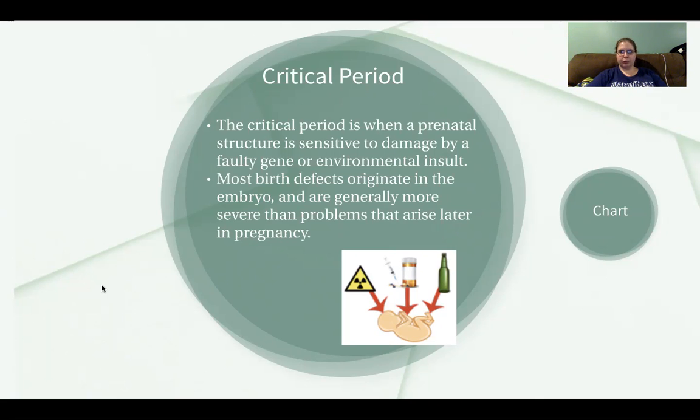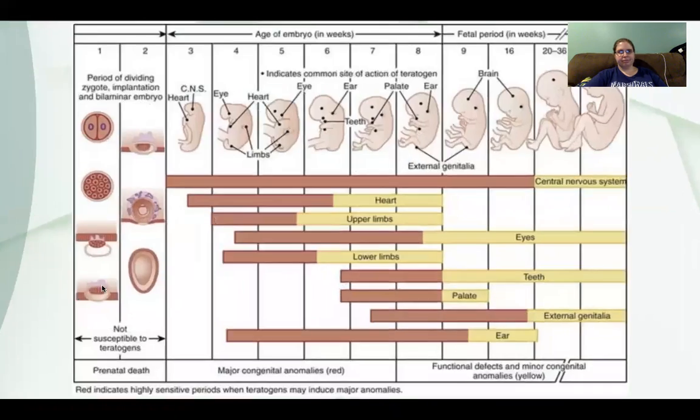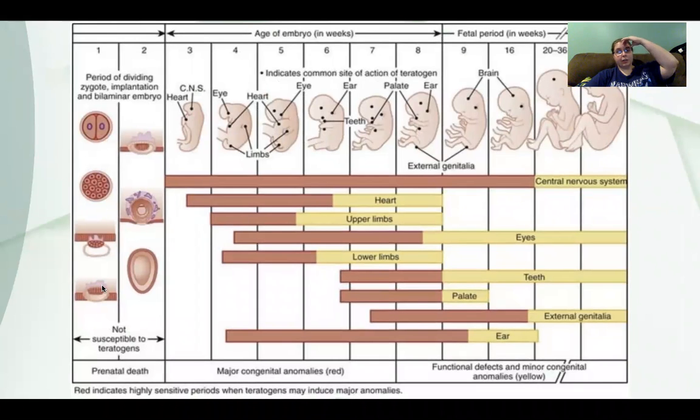Different exposures to different toxins or other environmental effects can have critical periods at different times. Also, the amount of the exposure can affect when the critical period is. So it's really hard to just give a straight time frame. But here are some examples.